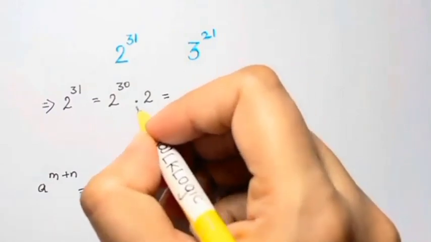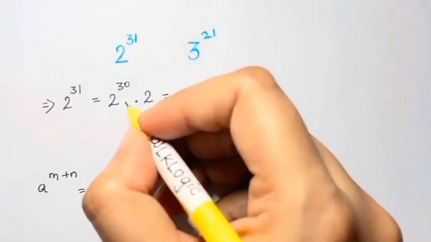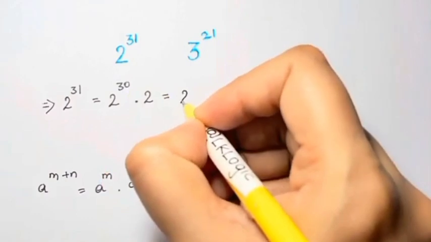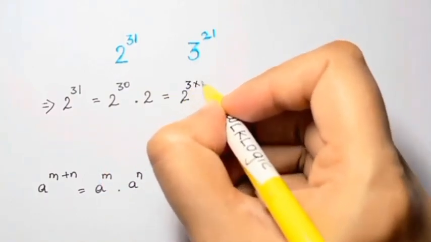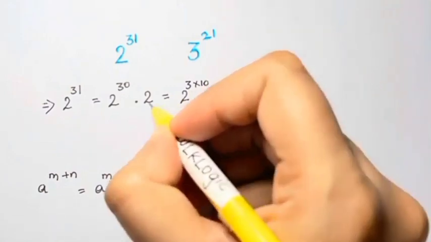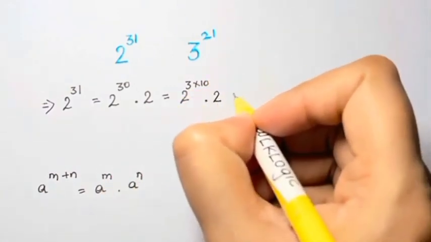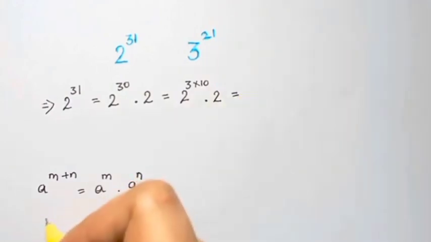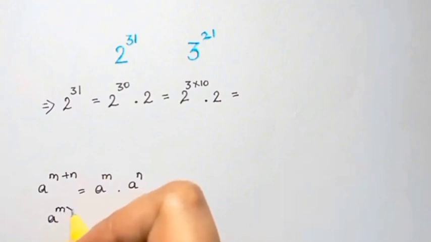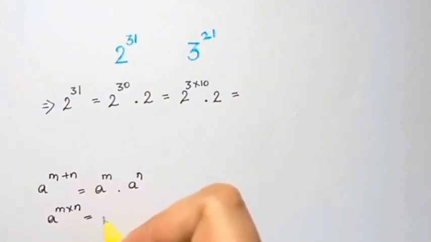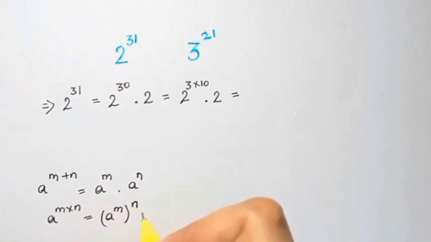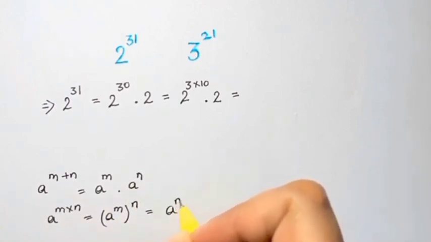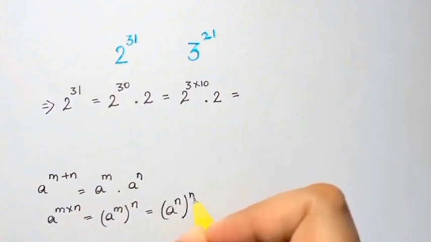Now what we can do is split 2 to the power of 30 into 2 to the power of 3 times 10. Then we have 2. You should know this law as well: a to the power of m times n can be written as a to the power of m, whole to the power of n, or a to the power of n, whole to the power of m.